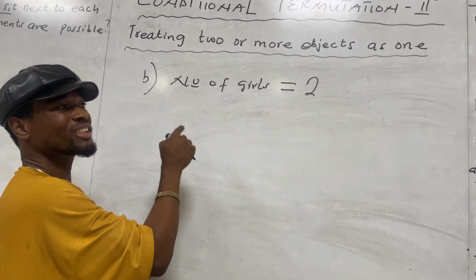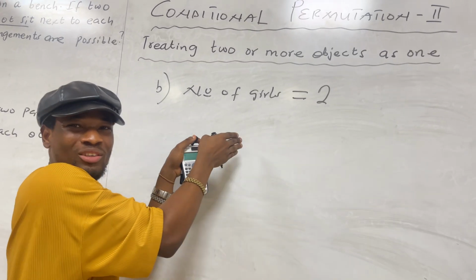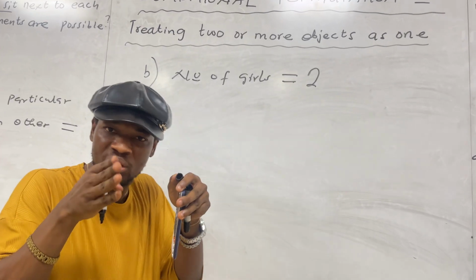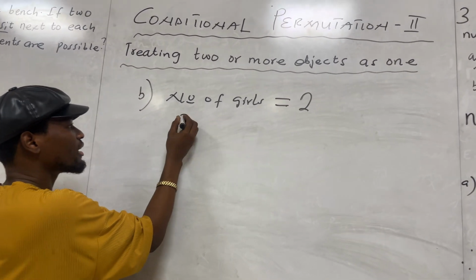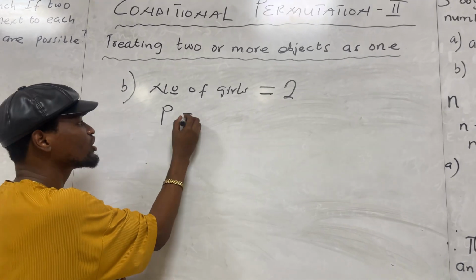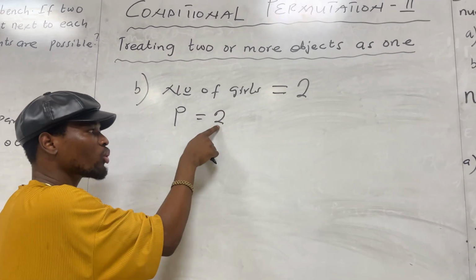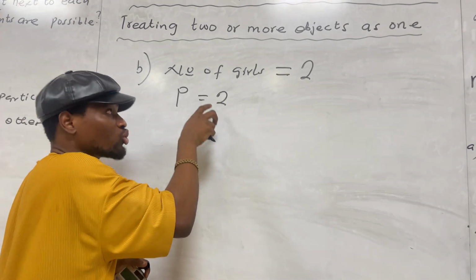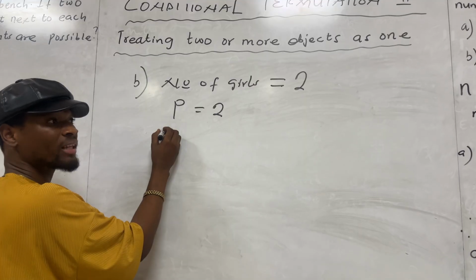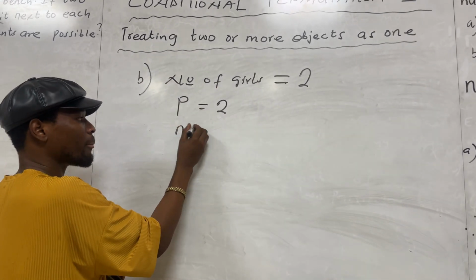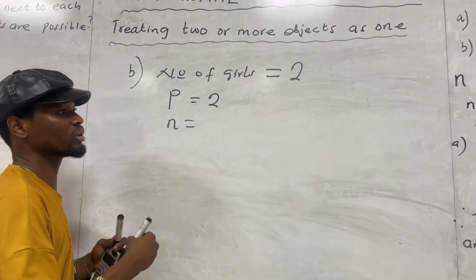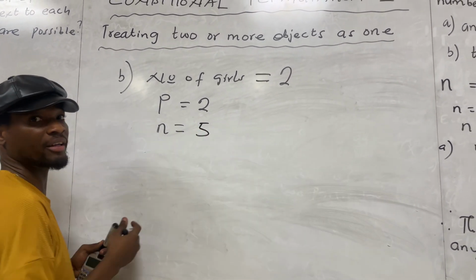But because we are considering those girls at a time, we are going to consider the total number of girls as a single unit. So let the total number of girls, which is equal to 2, be represented by p. So p is equal to 2. We are treating the 2 girls as a single unit. But our total number still holds: number of boys plus number of girls, which is equal to 5.